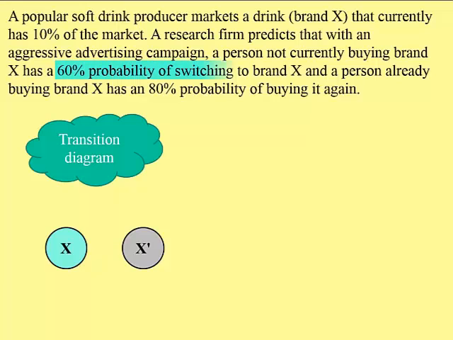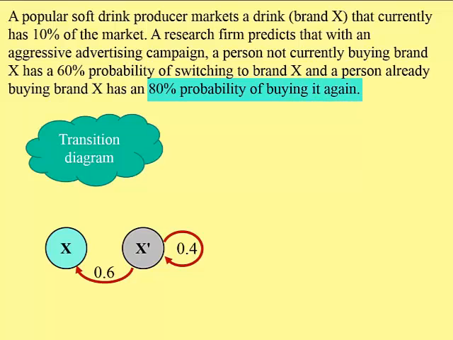And then we take the probabilities, like 60% probability that someone that is not currently X switches to brand X. And so that would be they going from not X to X. So if we draw an arrow in the direction from not X to X, that would be a 0.6 on that arrow. And then the people who remained loyal to their non-brand X, we just put a little circular arrow that goes from not X back into not X.